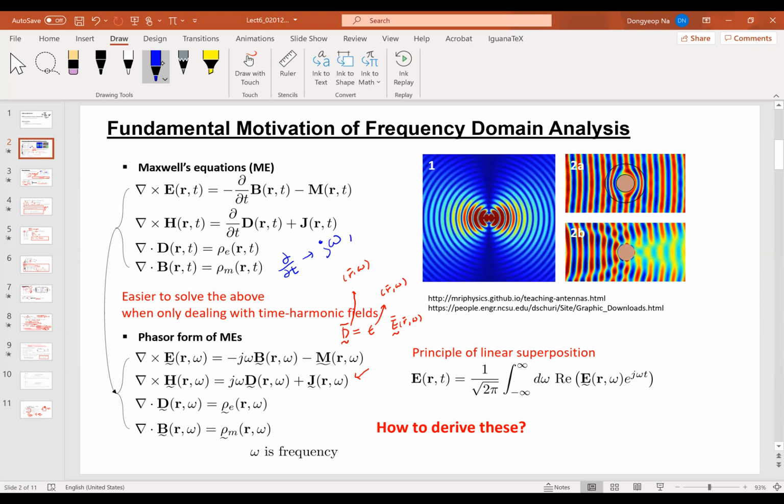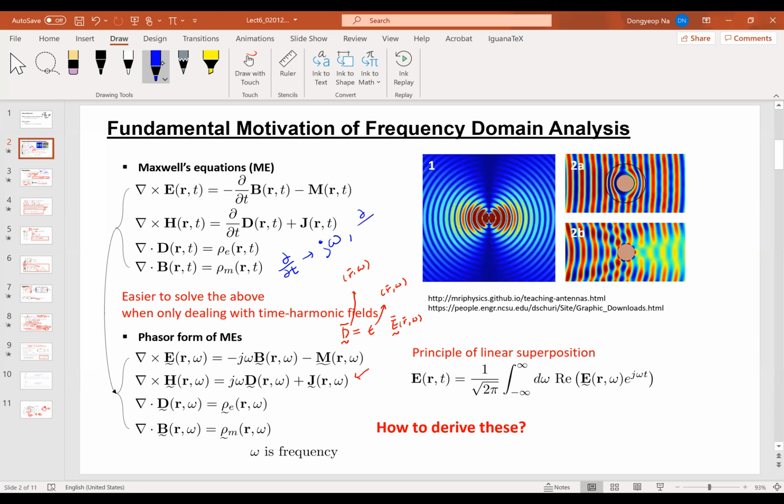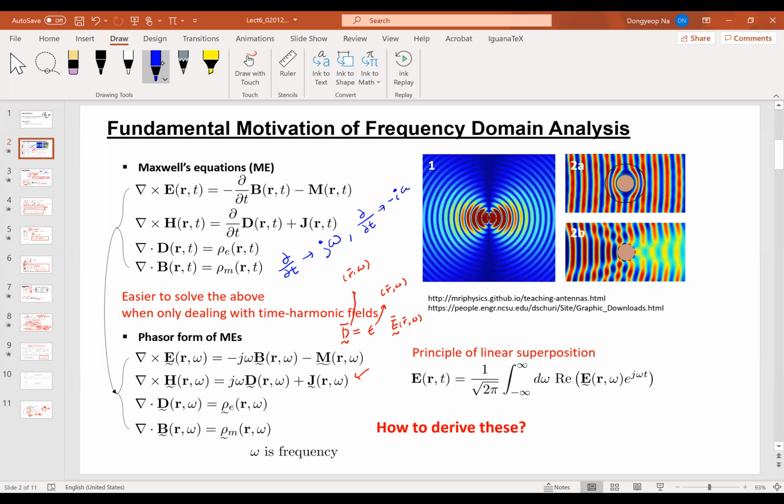On the other hand, if you look at some articles, the physics society, just by convention, replaces this time derivative with a minus j omega.